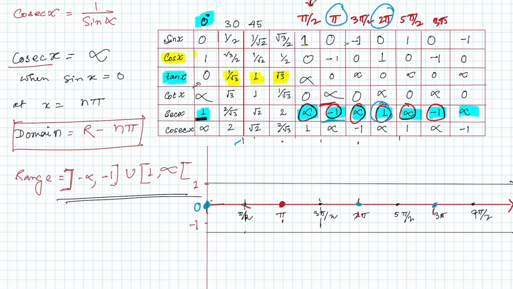Here you see in case of cosec x, at 0 cosec is infinity, so we have to start like this. At 0 it is infinity, so it should be like this. At pi by 2 it is 1, here is the 1, and again at pi it is infinity.